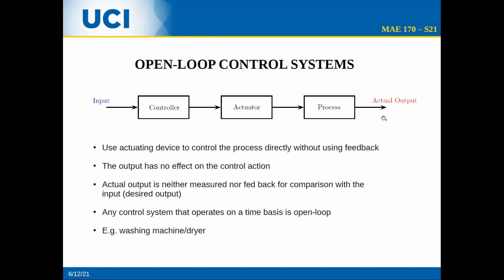In this case, if we cannot measure the actual output, as I said, we're talking about open loop control systems. You can think about it as an example, let's say a washing machine. So you put your clothes in and you set up the time, the temperature, and everything. So that is like your control law. And your desired output is that the clothes come out clean, without stains, and they smell good.